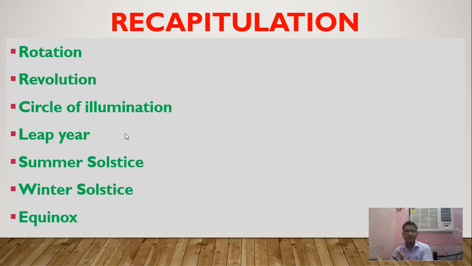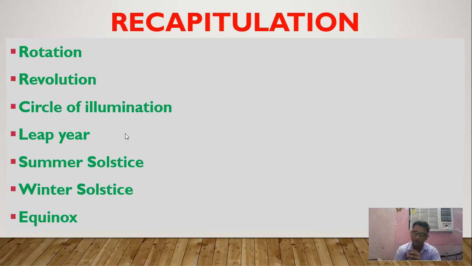Okay, during the winter solstice, in the northern hemisphere days are smaller and nights are larger. During the summer solstice in the northern hemisphere days are larger and nights are smaller.